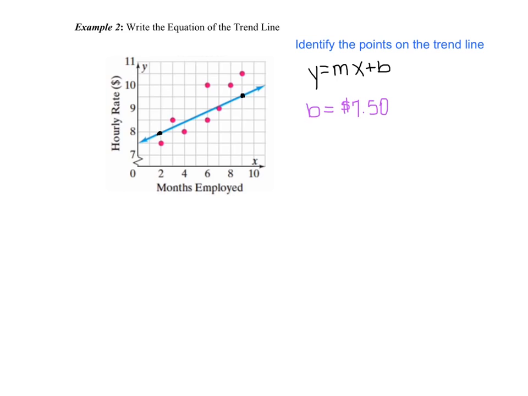So we found our b. Next, we want to find our m. And if you recall, m equals y2 minus y1 over x2 minus x1. So let's identify our coordinates. Our first coordinate right here is 2, 8.